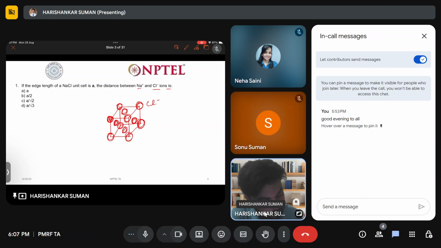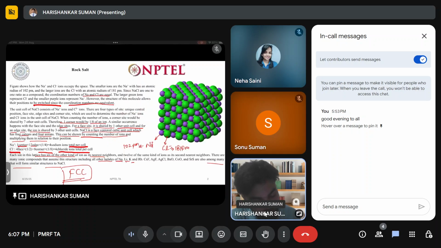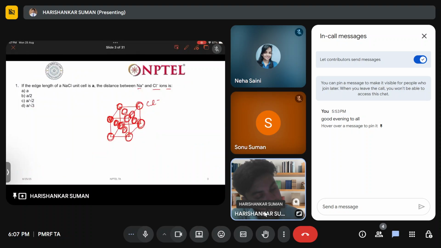This is Cl, while Na+ is at the center and edges. Let me draw this small because the radius of this is small. Okay, like that is the structure of the unit cell.